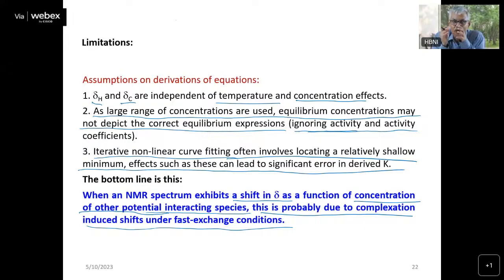But as I told, there could be a lot of errors, so if you want to tell qualitatively, I will tell in the next class what experiments you should do to tell that yes, there is an exchange happening, okay.